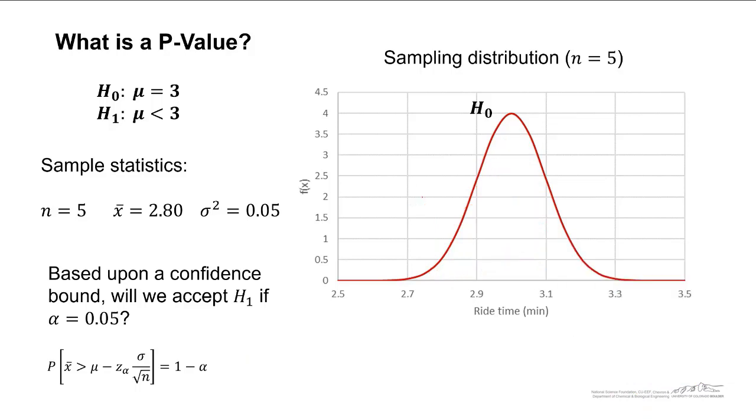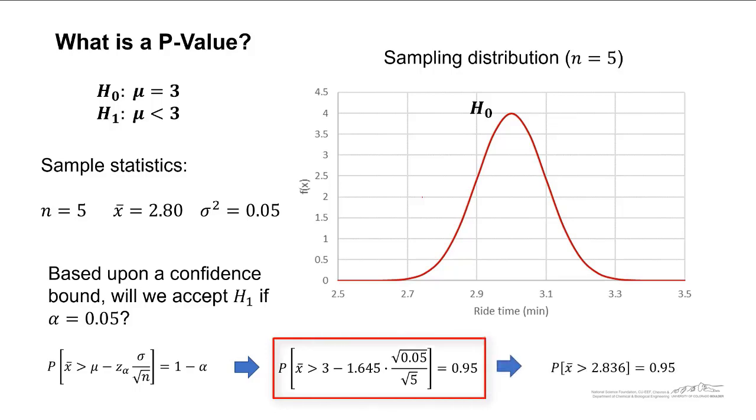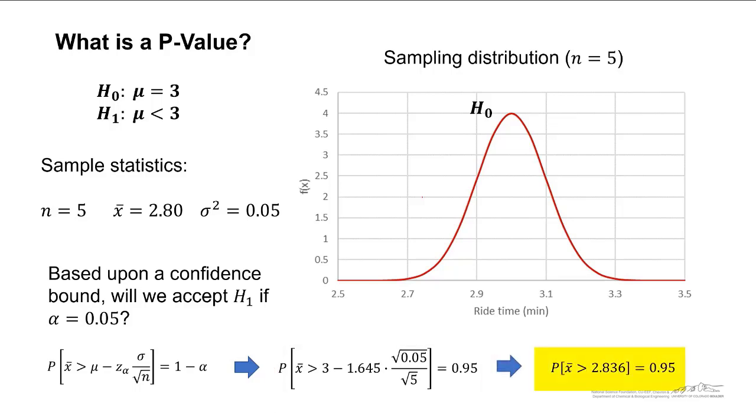We would accept the alternate hypothesis. If we did the same analysis for alpha equals 0.05, so what we're doing is reducing our risk level incrementally, slowly reducing the risk level. If we plugged in alpha 0.05 and did the same analysis, we would define a 95% confidence interval, and that limit is 2.836.